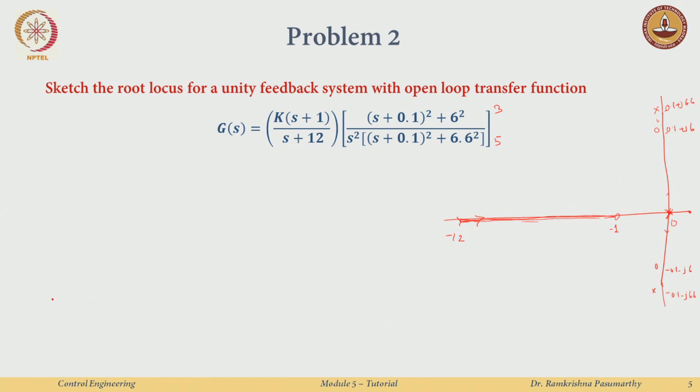Okay. So, let us see the angle of the asymptotes. Angle of the asymptotes, well, you could easily compute them to be plus minus 90. There are 2 guys which are going to infinity. Okay. The centroid of the asymptotes, sigma a, that would be, for all the poles, -12.